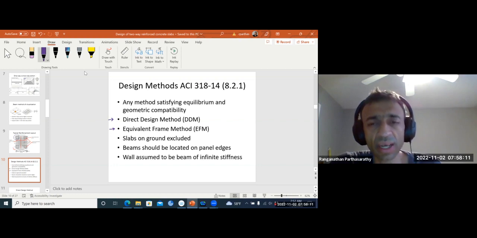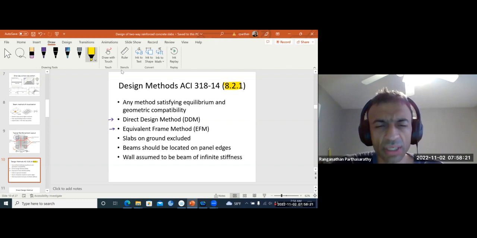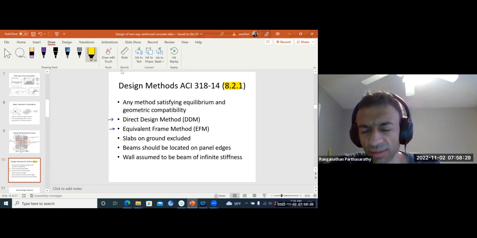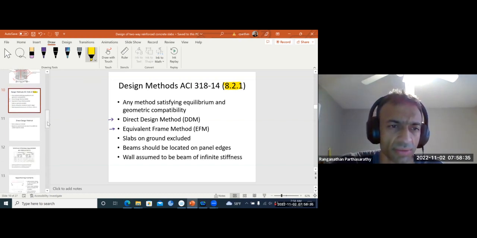Slabs on ground are excluded in this particular clause, and it is only floor slabs. So the beams should be located on the panel edges to be able to use these design methods. And if there is a wall, it is just assumed to be a beam of infinite stiffness.